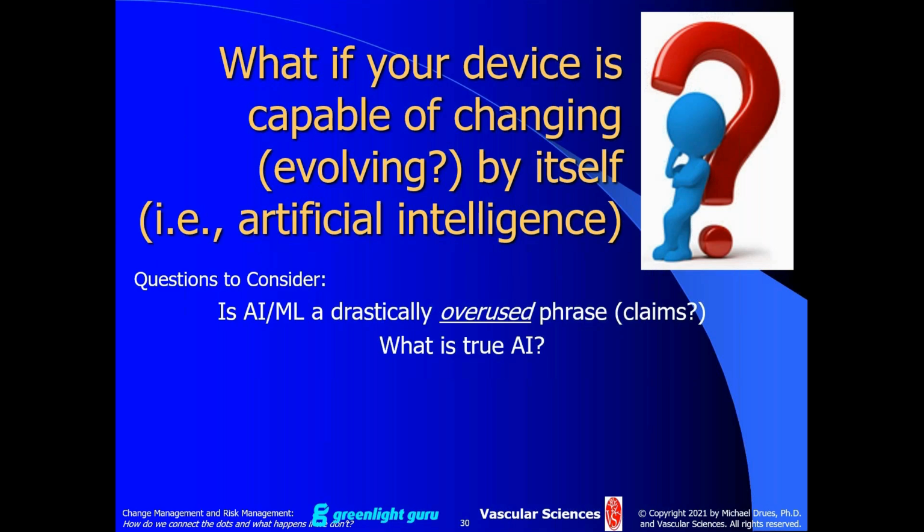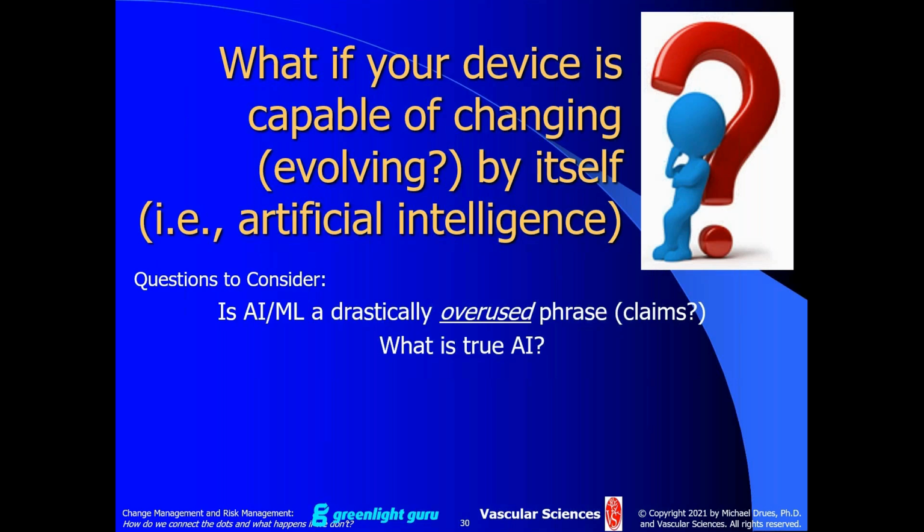So what is true AI? True AI, truly artificial intelligence to me, is nothing more than a spin on Darwinian evolution. It's exactly Darwinian evolution. In other words, true artificial intelligence is a product, whether it's a software as a medical device alone or software plus some other stuff.